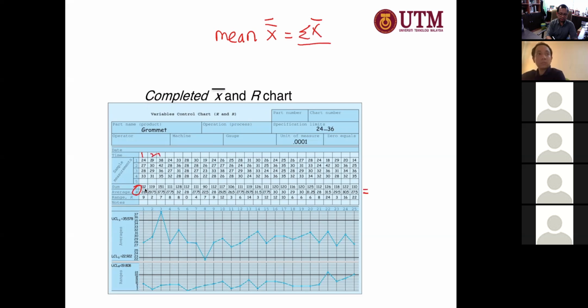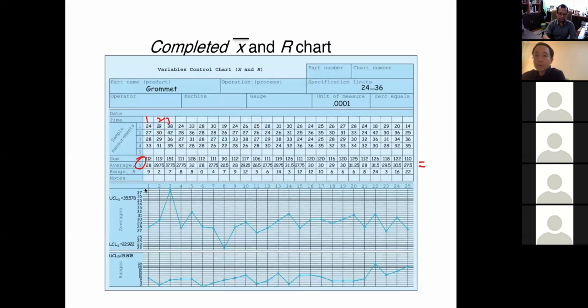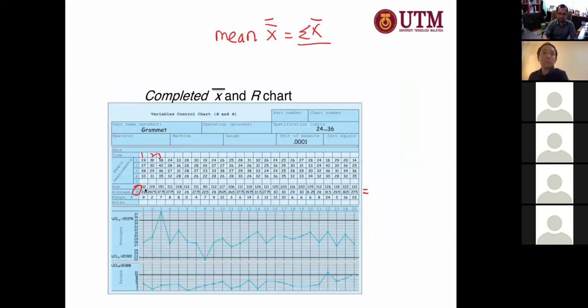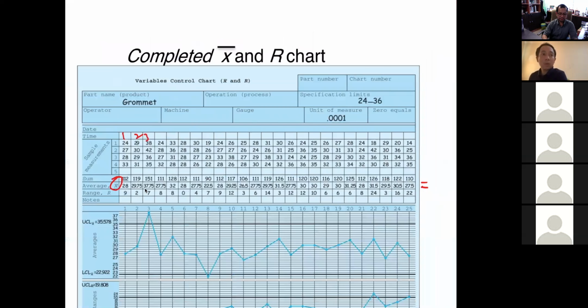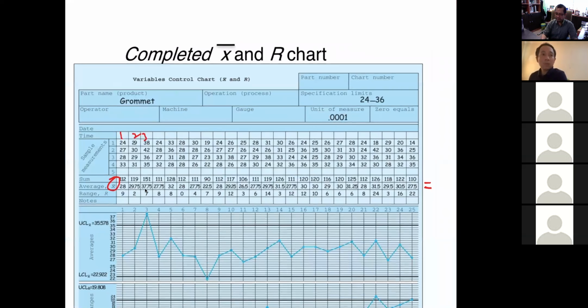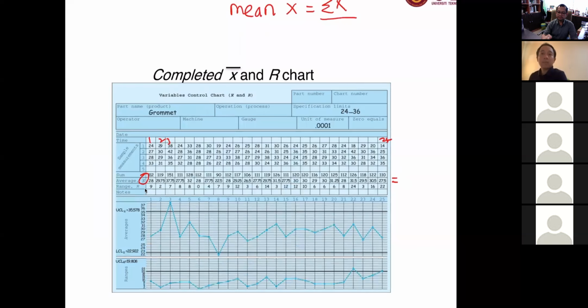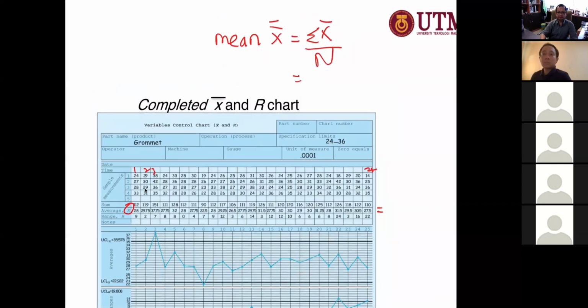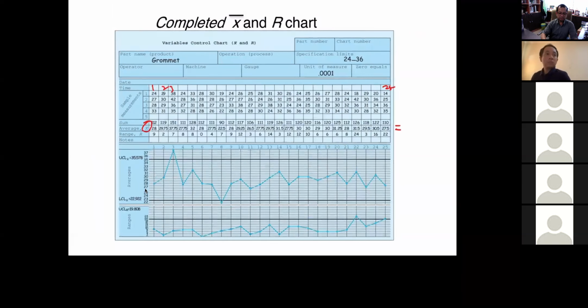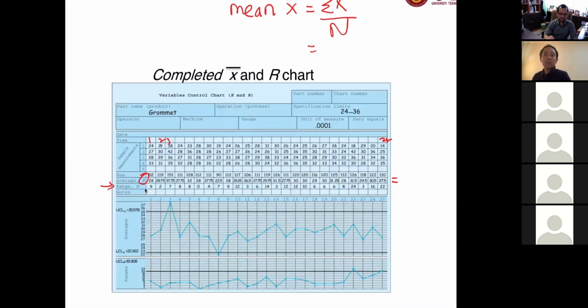1, 2, 3, until how much? How many? I need to count it. 25, yeah, 25. So divide by n. So 25 altogether, I have the mean. And same goes to the R here.